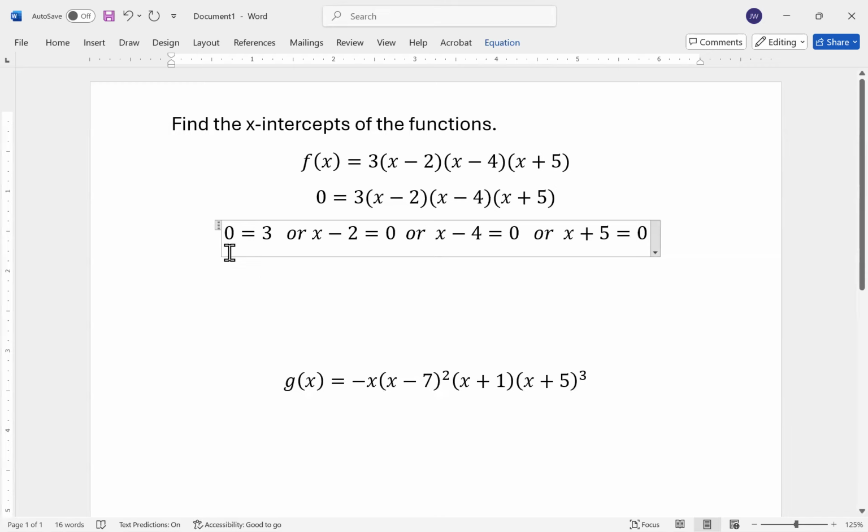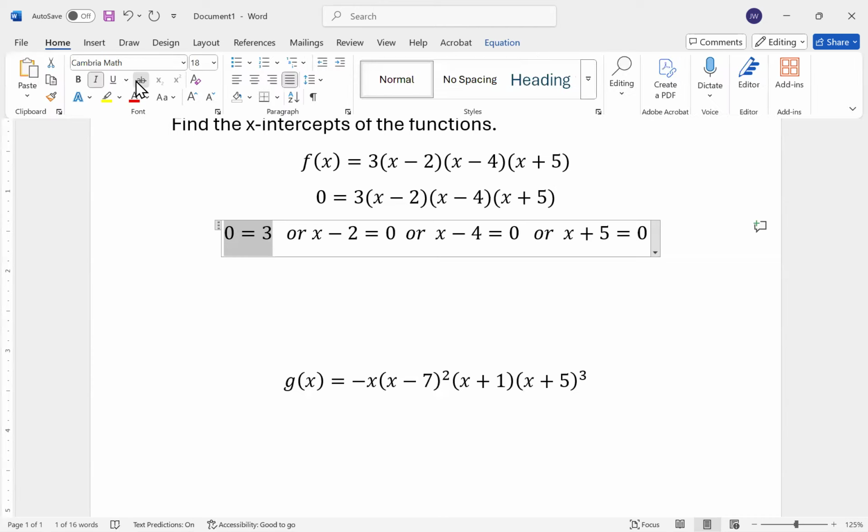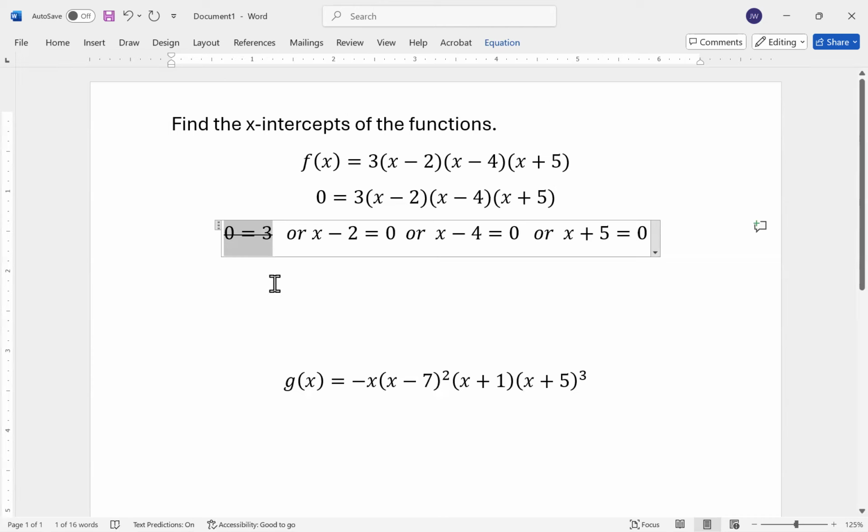Now, the 0 cannot be equal to 3. So this one, we're going to cancel out. That can't actually happen. So I just say that doesn't work. That leads me to a dead end. But the other three equations could happen when x are various values.